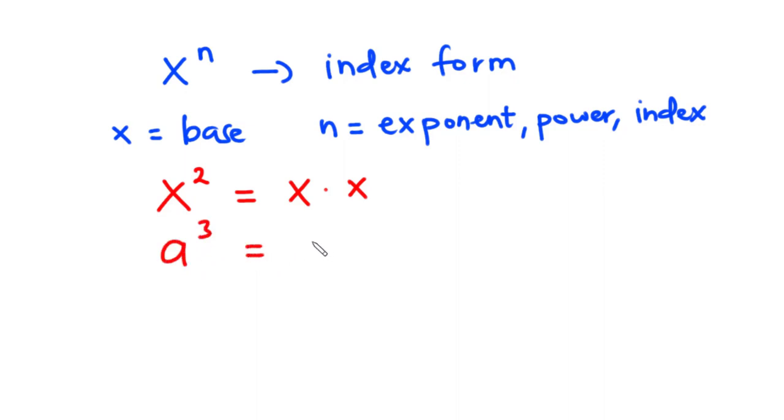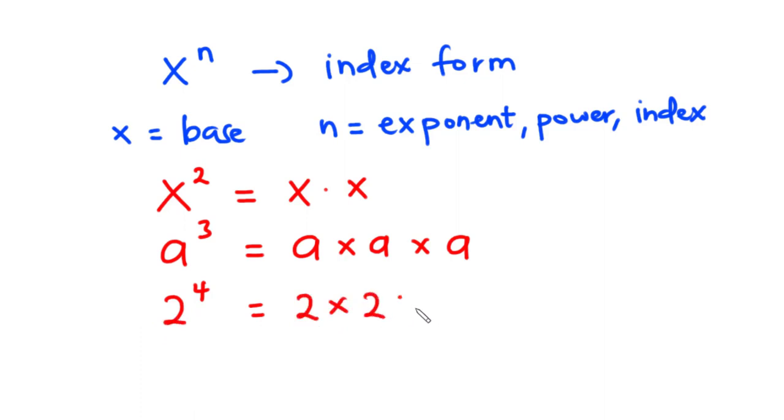So that is going to be a times a times a. If you have 2 exponent 4, it means that you are going to multiply 2 4 times, which is 2 times 2 times 2 times 2.